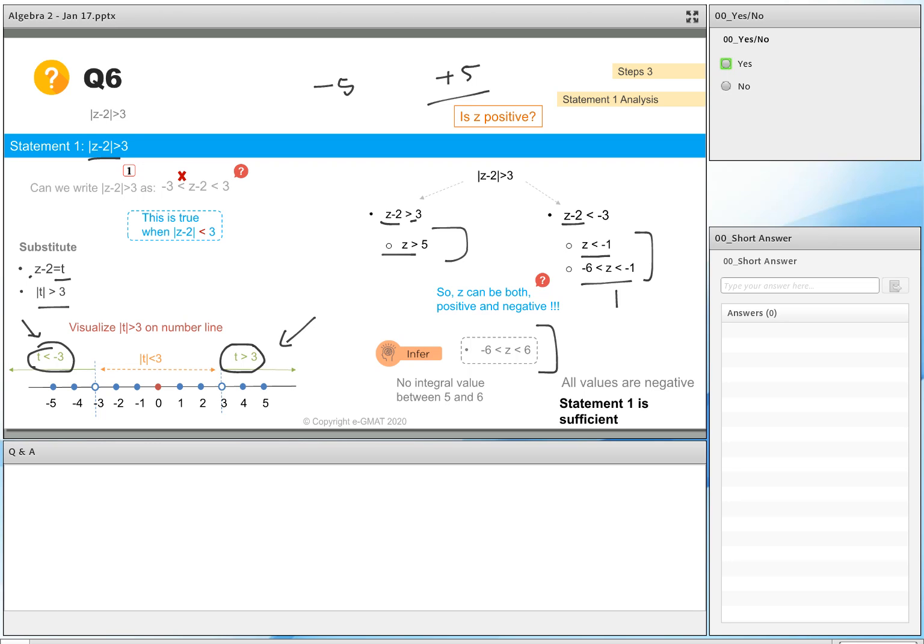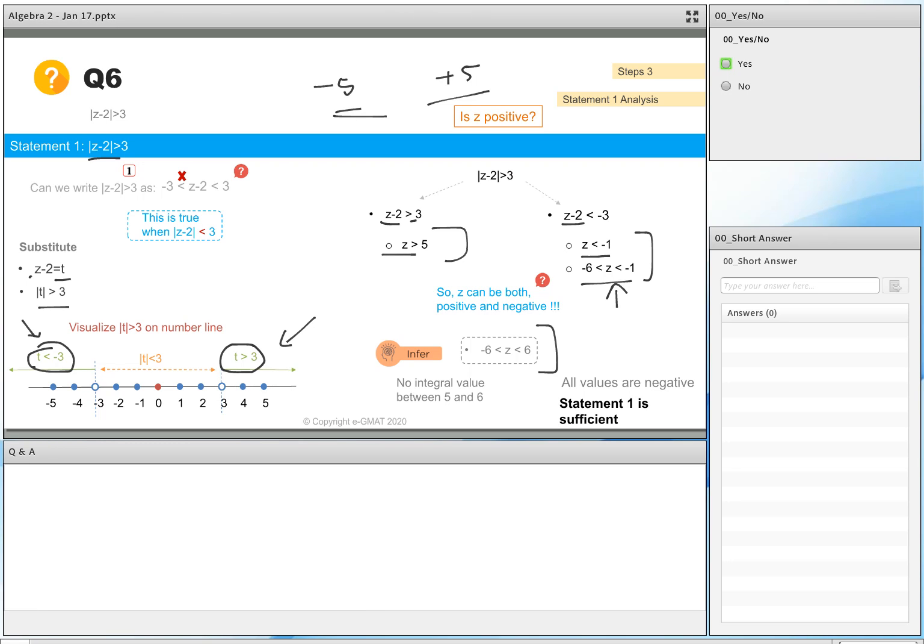And do we have negative numbers in this range? Yes, we have. So that is the reason we say that all the values of z would be negative, and hence statement 1 is sufficient to answer this question.